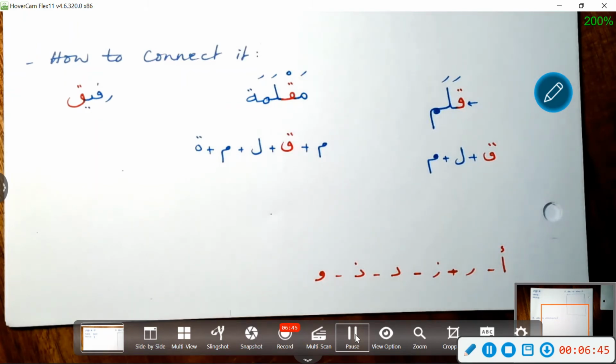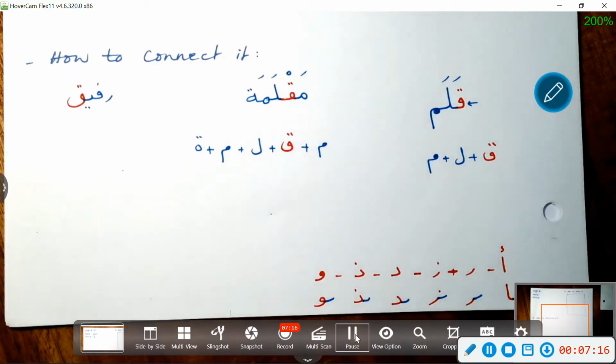So Alif can be connected this way, Ra we can connect it this way, Zay this way, Dal this way, Waw this way, but not from the left side. So these letters are called non-connecting letters.